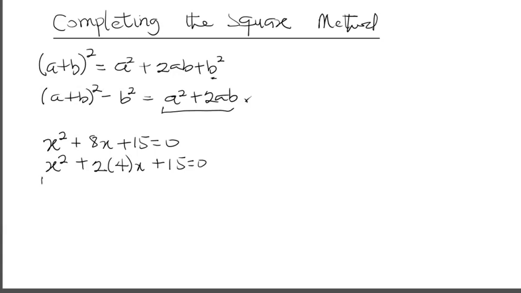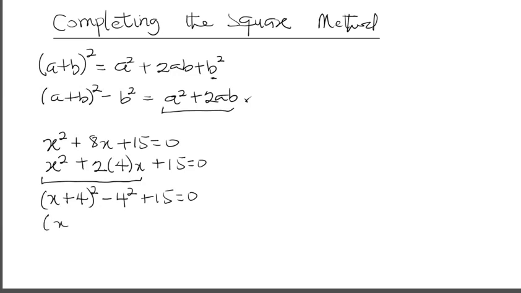If you compare the first two terms with this, you realize that b is equal to 4. So if I needed to write it like this, this can be written as x plus b, so that will be (x + 4) all squared, minus b squared, so that will be minus 4 squared, and then plus 15 is equal to 0.